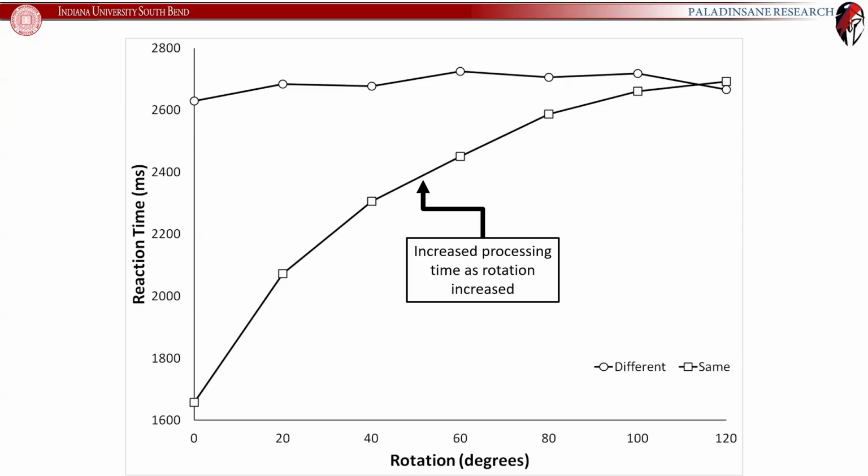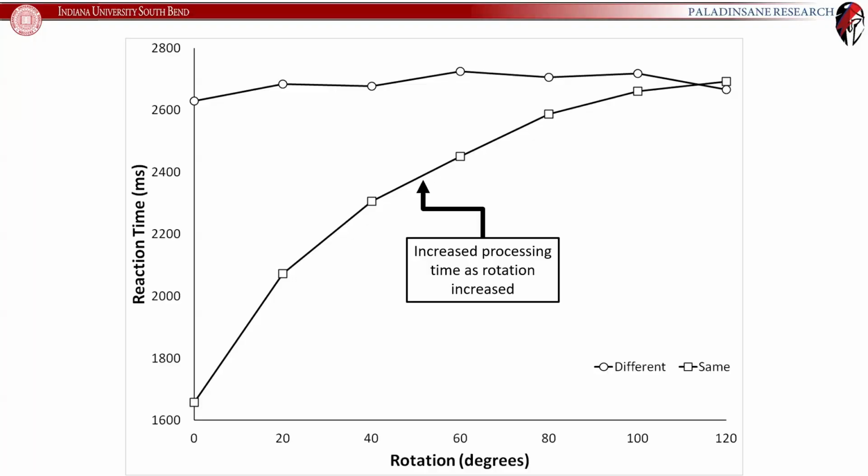So maybe it's taking the same time regardless of rotation because we've represented it as a proposition and we're just going down a list of items. Or maybe it takes the same time regardless of rotation because you rotate it through the whole 180 degrees before you finish it. That straight line is consistent with both propositional and imagery representations.